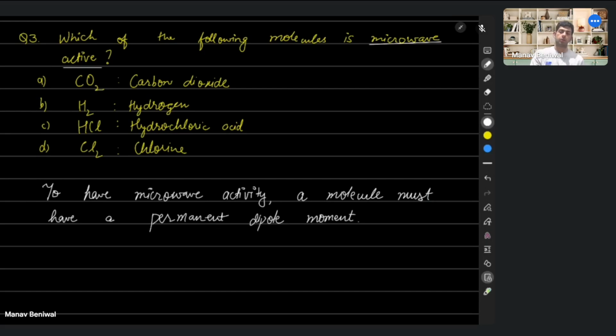Okay, so it must have a permanent dipole moment. Now let's look at all the options one by one.